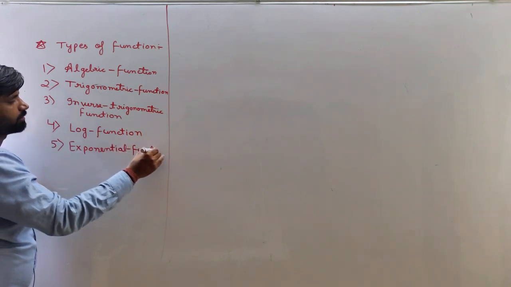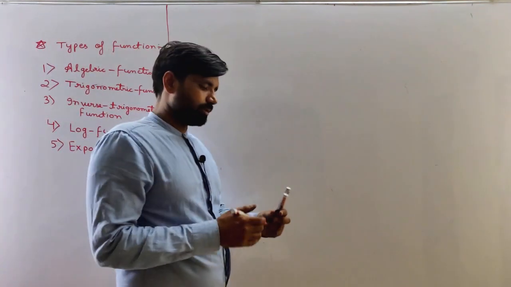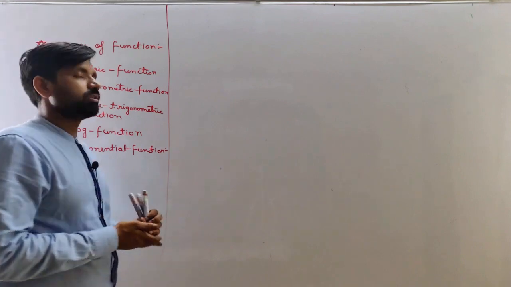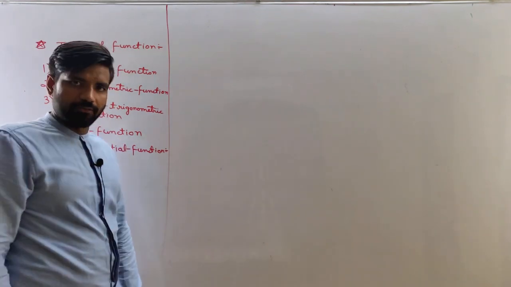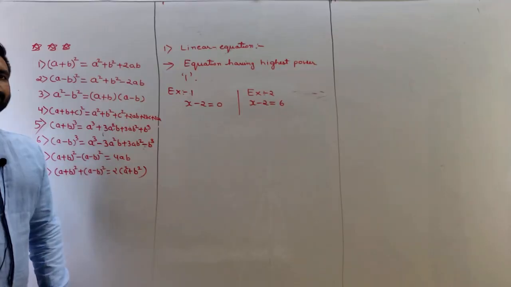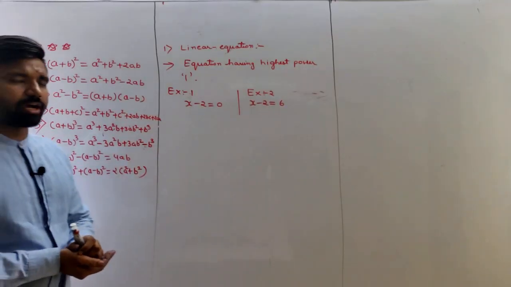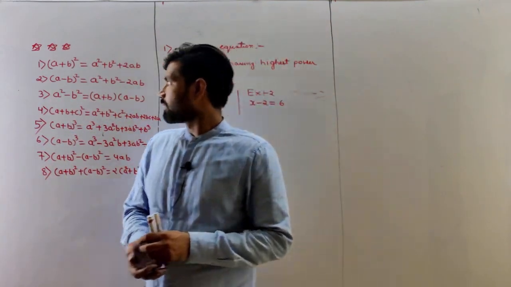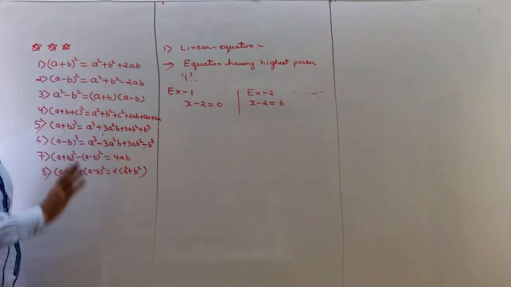So students, first we will study algebraic function. In your junior classes you already studied algebraic function. Some basics are used in 11th class and 12th class. In our junior classes we already studied these important formulas.